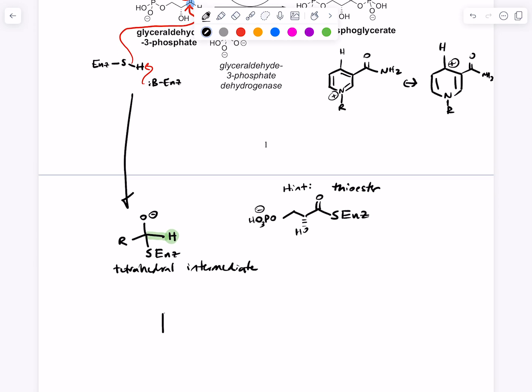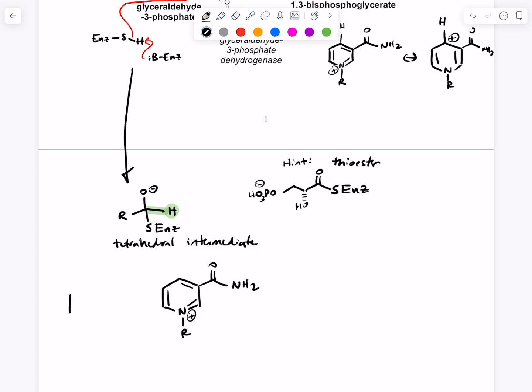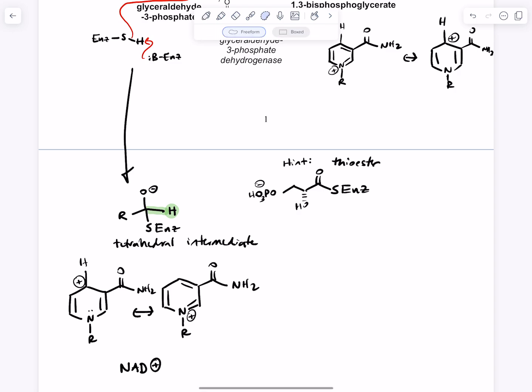So this is where NAD+ can receive the hydride that gets kicked off from the tetrahedral intermediate. You're welcome to draw this. You should be familiar with, or at least recognize, both ways of drawing this mechanism. The two things that I've just drawn for the NAD+ structure are resonance structures of each other.